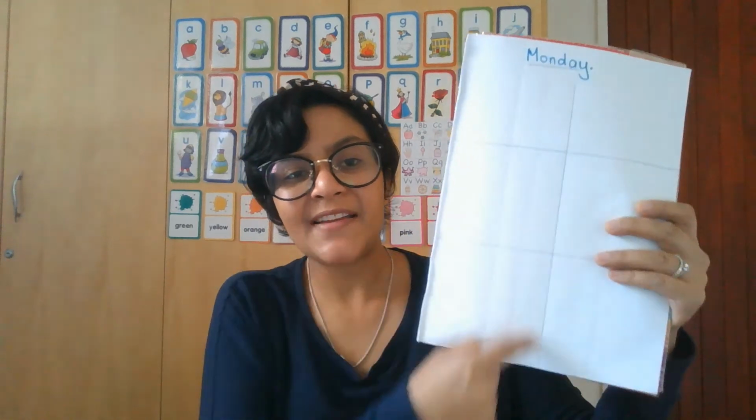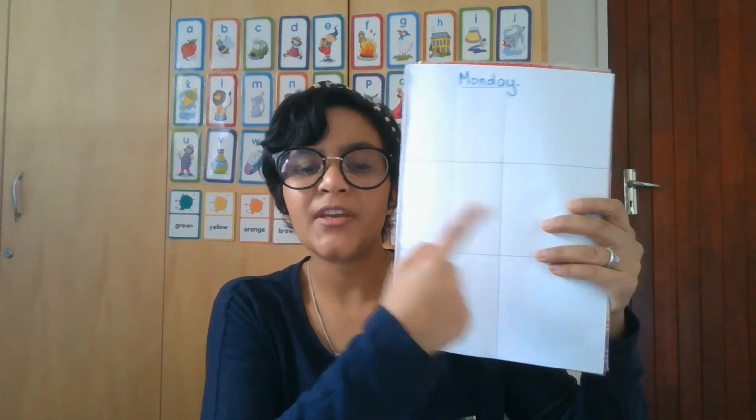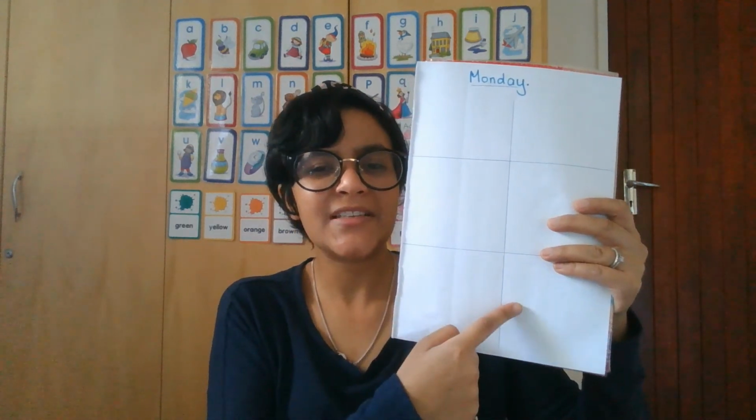I drew a line in the middle and then 2 lines going this way. So let's see, how many squares do we have? How many spaces do we have? 1, 2, 3, 4, 5, 6. And then in the workpack, I have given you guys 6 different shapes to draw.